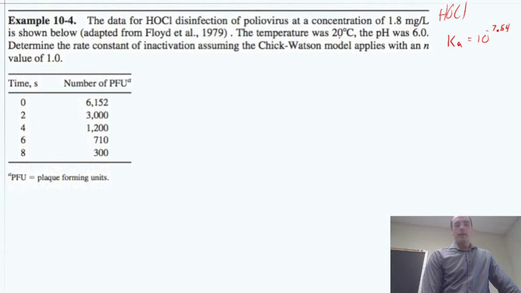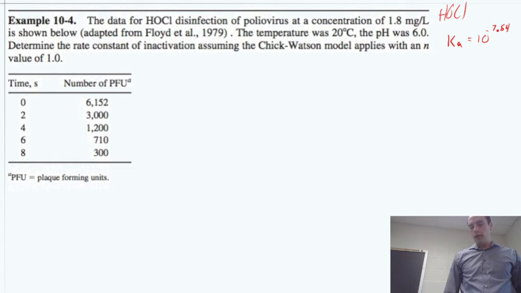The pH was 6, and then it says determine the rate constant of inactivation assuming Chick-Watson model applies with an n value of 1.0. Okay, so this is going to require a graphing calculator. So I'll pull up Excel and set it up to show you how I will do it. But go ahead and work on solving this problem.